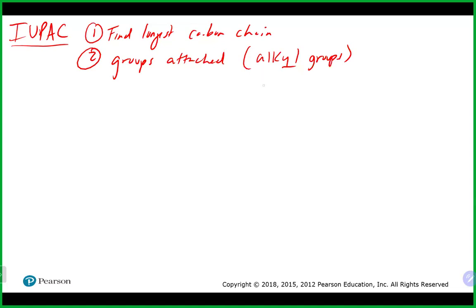So here, instead of methane like this, where it already has a full octet with the carbon, if we take one of those hydrogens off, now it has a spot where it can connect into that longest carbon chain. Again, this is methane, which is an alkane.